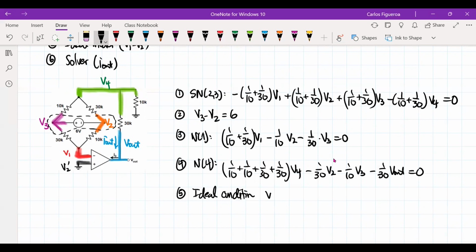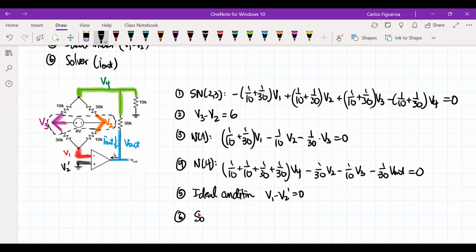Which then says V1 minus V2 prime is equal to 0. And then finally, I need a solver for I short circuit, or iout, excuse me. So if I look at this thing, I need a solver here. So how do I look at this solver?